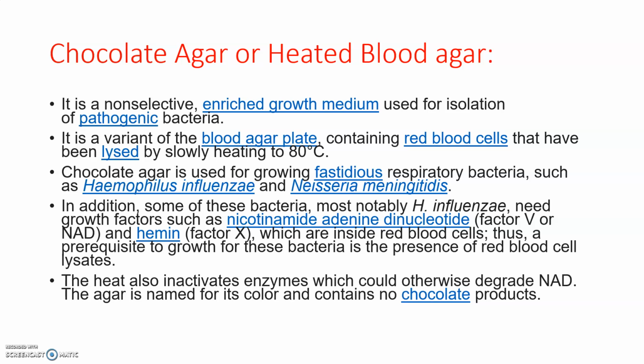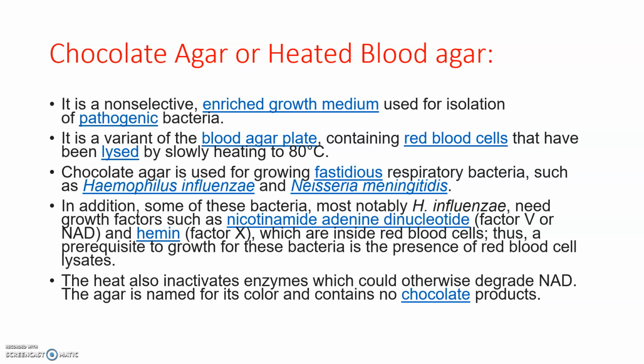In addition, some of these bacteria, most notably Haemophilus influenzae itself, need growth factors such as NAD or nicotinamide adenine dinucleotide, that means factor 5, and hemin, that is factor 10, which are inside the RBCs.